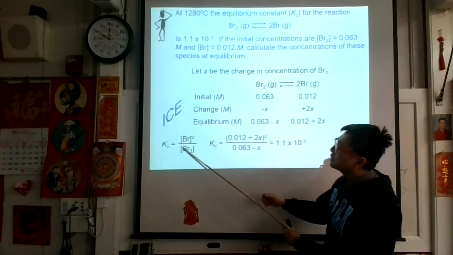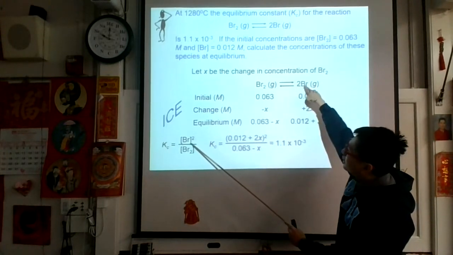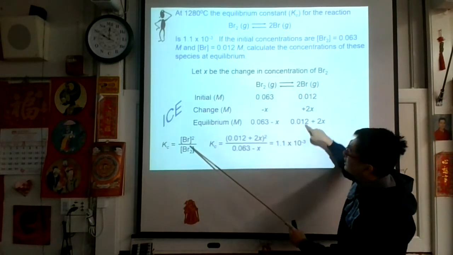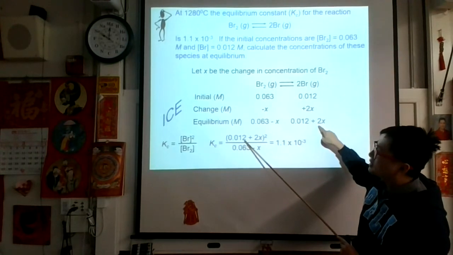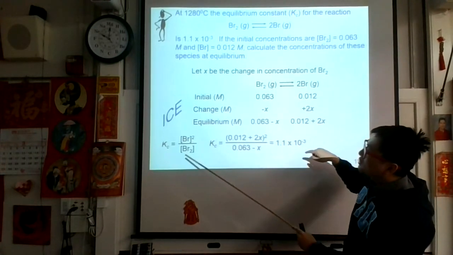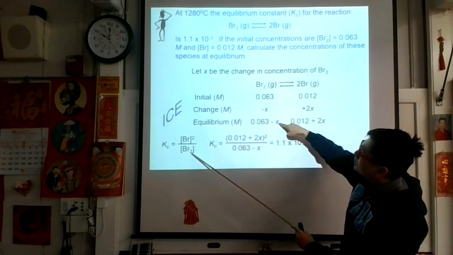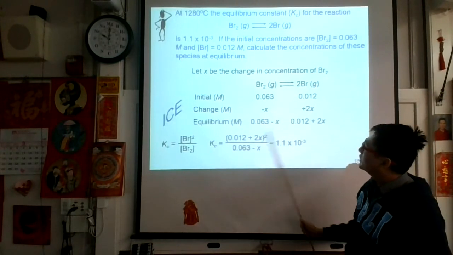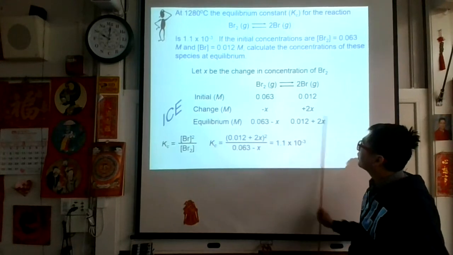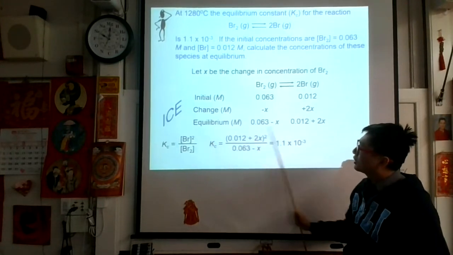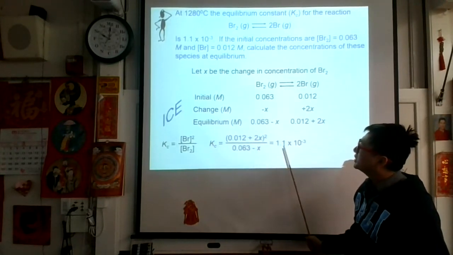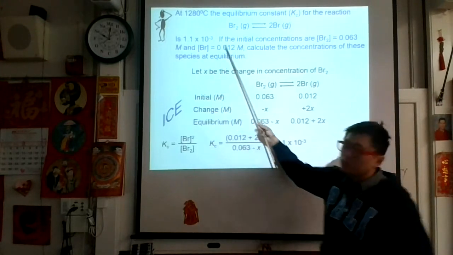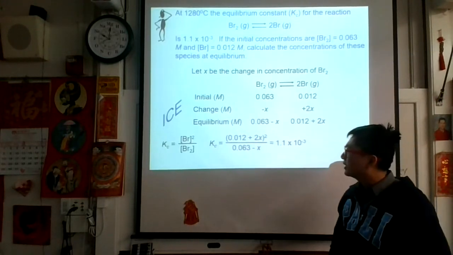What is the Br concentration? It's 0.012 plus 2x, squared. What's Br2's concentration at equilibrium? 0.063 minus x. So I plugged in Br right here and Br2 right there into the equation. Kc was given to us as 1.1 times 10 to minus 3.